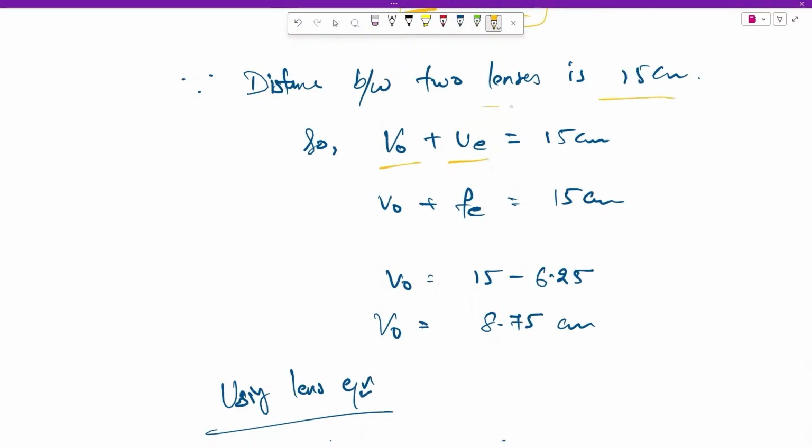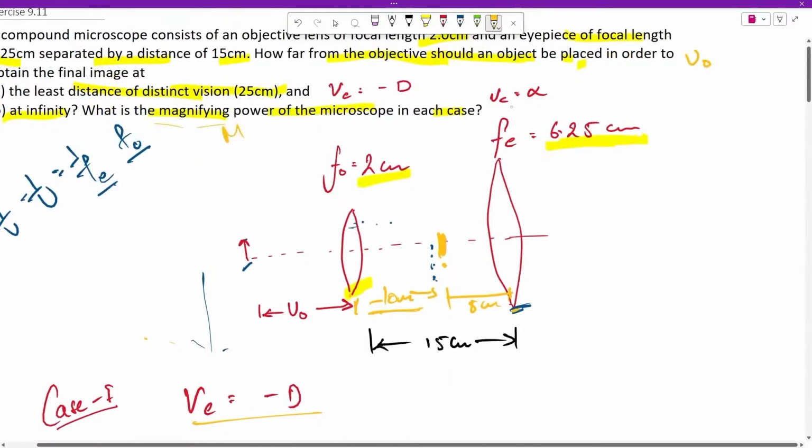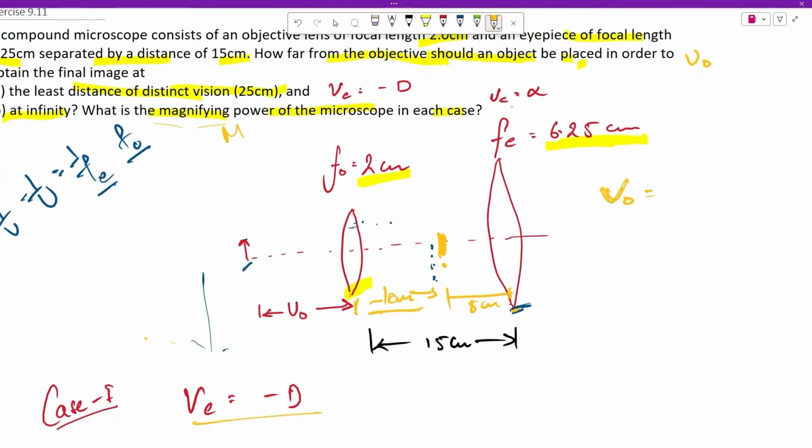The distance between the two lenses is 15 centimeter. So VO plus UE, let us understand with this diagram. VO is the image formed by the objective, plus UE, that is, that image is going to be the object for the eyepiece. This will always be equal to 15 centimeter because the distance between the lenses is fixed.